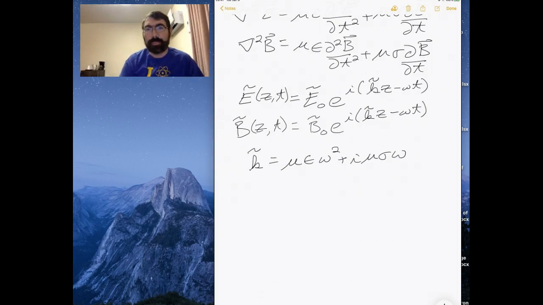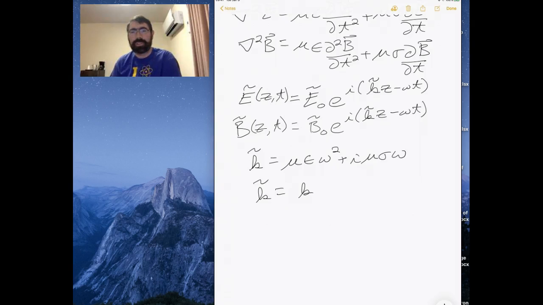So it's now a complex wave number, which we can write down as the real part that we had when it was an insulator. If it's an insulator, then sigma is equal to 0. But what we get is a real part plus an imaginary part. We're now going to put that constant as kappa.